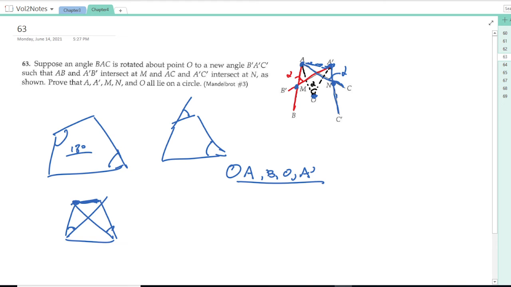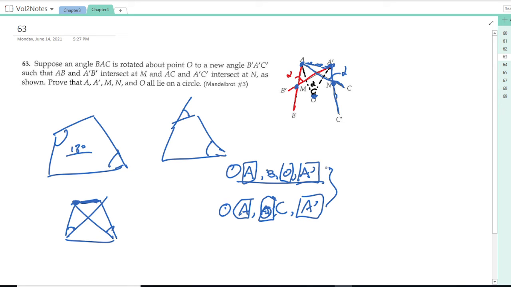And if you watch the other one, A, O, C, A prime, right? Then we have alpha here, so they are also concyclic, right? Because these two share a common A prime, A prime, right?